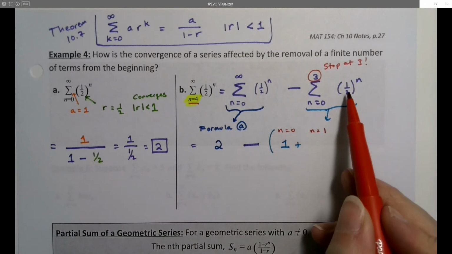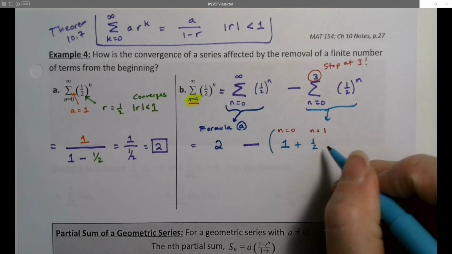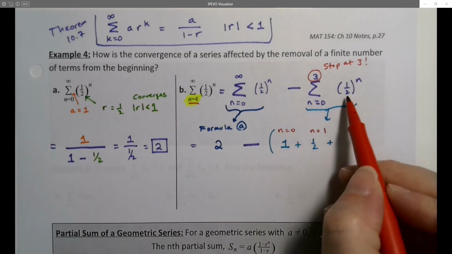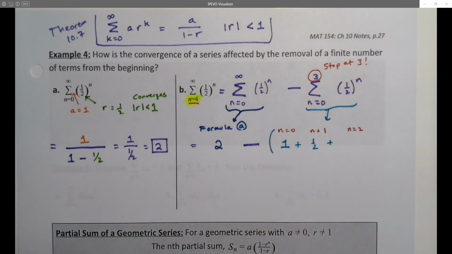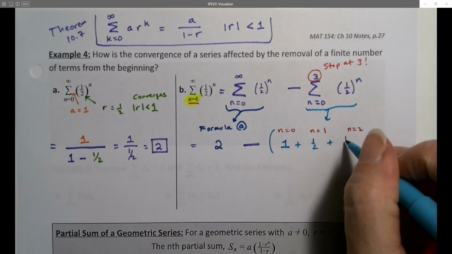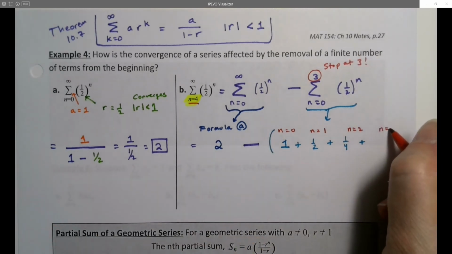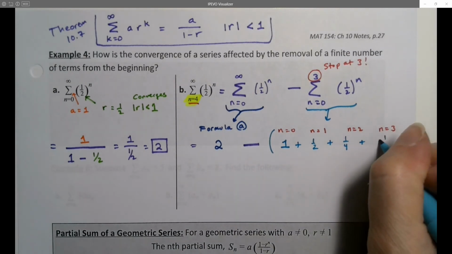Well, a half to the 1 is a half. Plus, now let's put in 2. A half to the 2 is 1 to the 2, which is 1, over 2 to the 2, which is 4, plus, last one, 3, which would be 1 over 2 to the 3, which is 1 over 8.